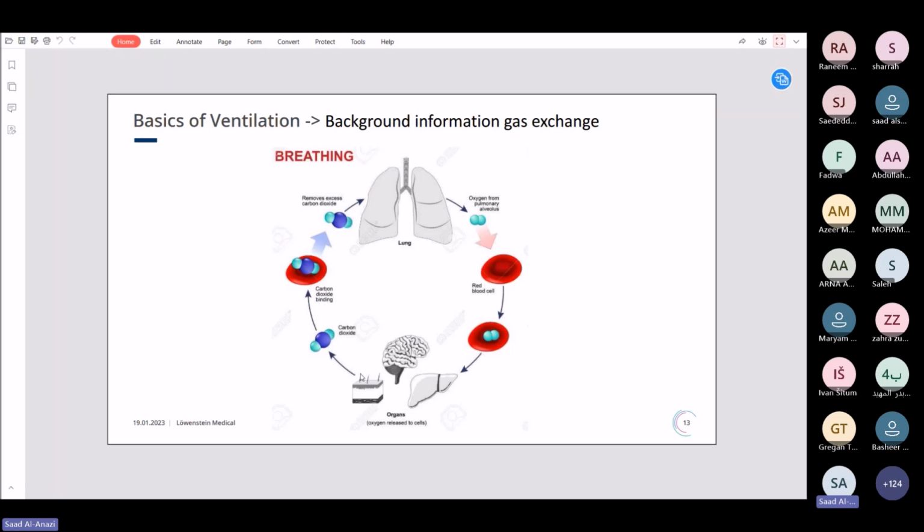After that, the cells release carbon dioxide, which binds to the blood cells. The blood cells then enter the lung again, and the carbon dioxide is removed by exhalation.